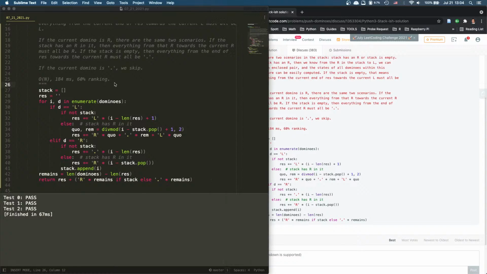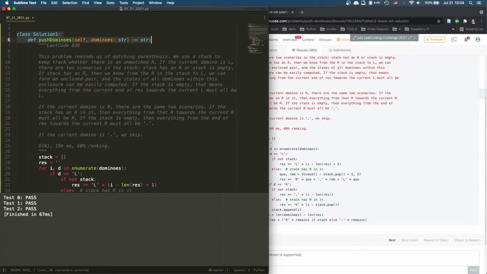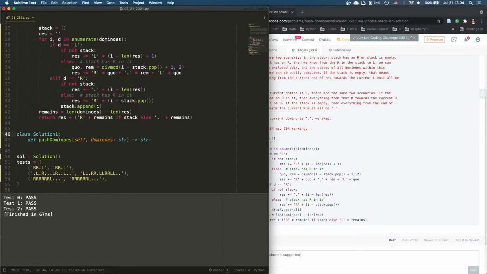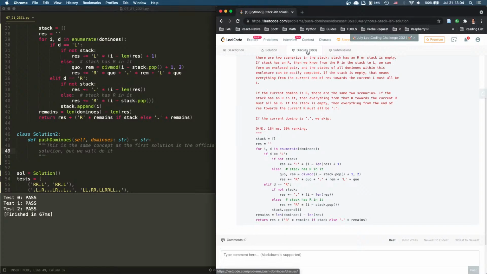All right, now it's time for us to write those two solutions. So the first one is the same concept as the first solution in the official solution, but we will do it the other way.